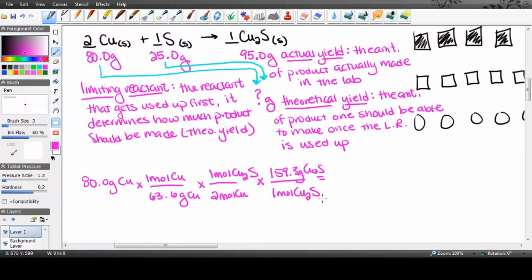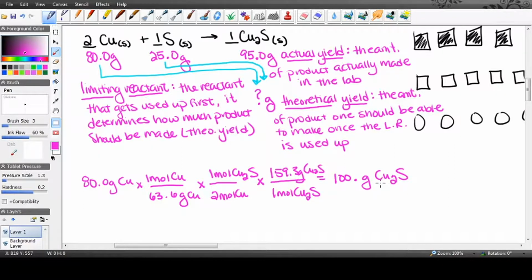So if all of my copper gets used up, I'm going to multiply across the top here, divide by what's on the bottom. If all of my copper gets used up, I should be able to make 100 grams of product. But this doesn't take into account the sulfur at all.